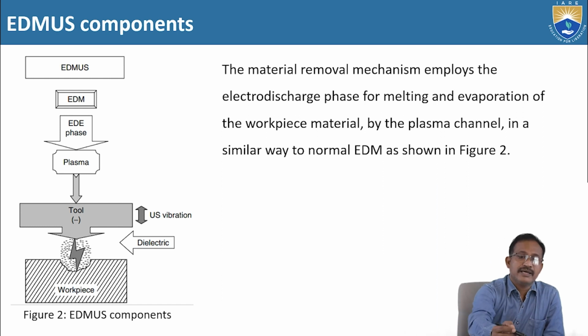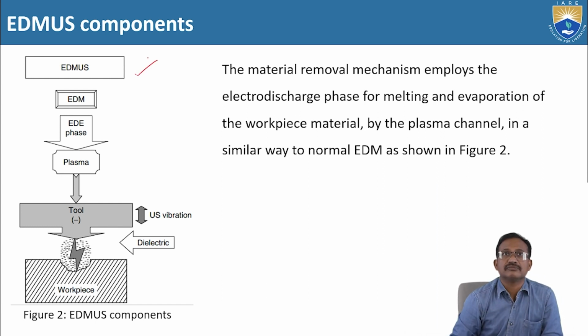Here EDMUS is the main mechanism for material removal. The material removal mechanism employs the electro discharge phase for melting and evaporation of the workpiece material by the plasma channel, in a similar way to normal EDM, as shown in this figure.